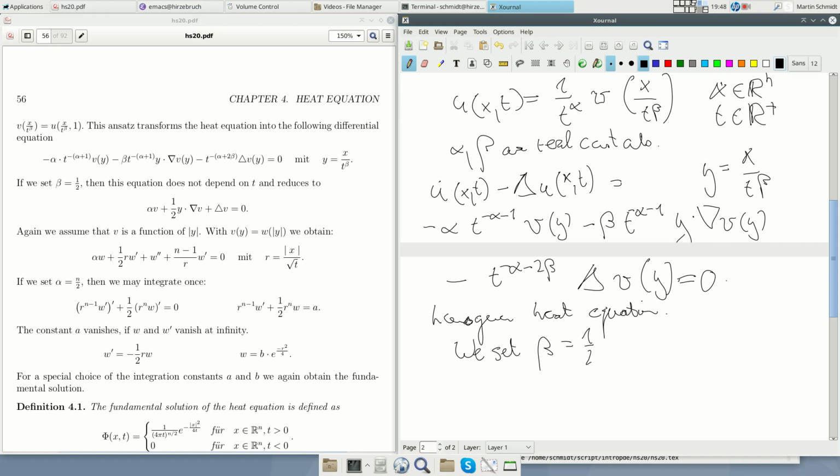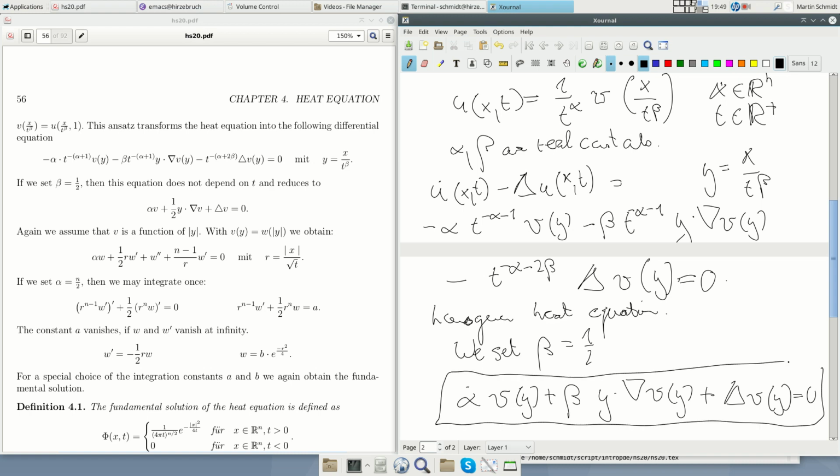So it reduces to, and we multiply it by minus, alpha times v of y plus beta times y times gradient of v of y plus Laplacian of v of y is 0. Okay, so this is now the next equation.